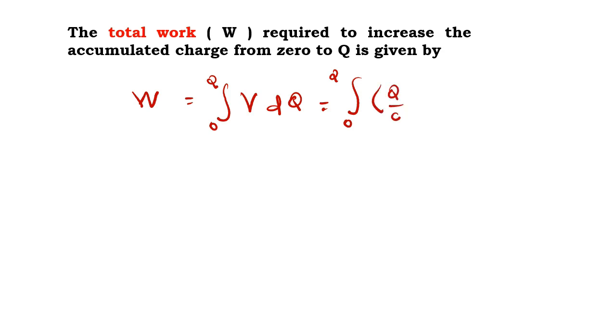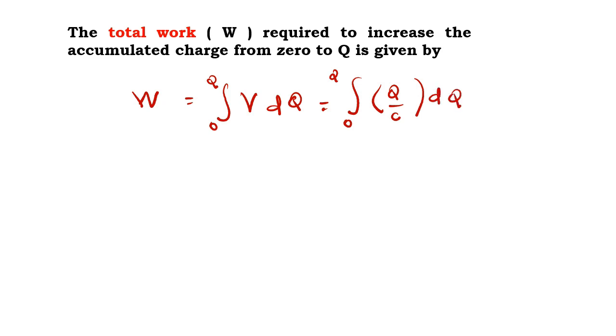work done equal to the integration from 0 to Q of V dq, which equals, we integrate from 0 to Q, V itself is equal to Q over C dq, right?